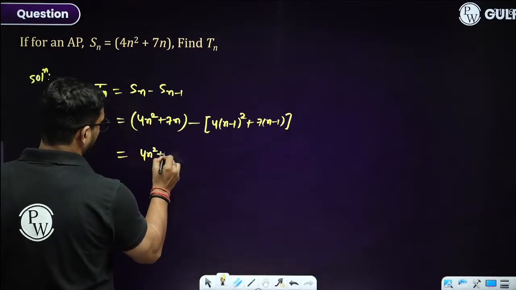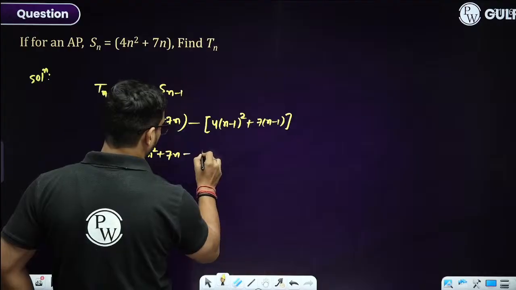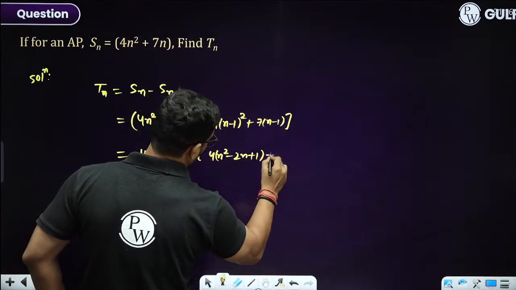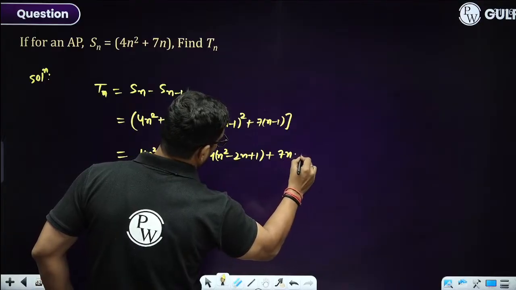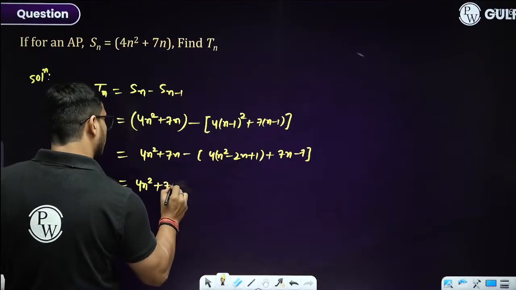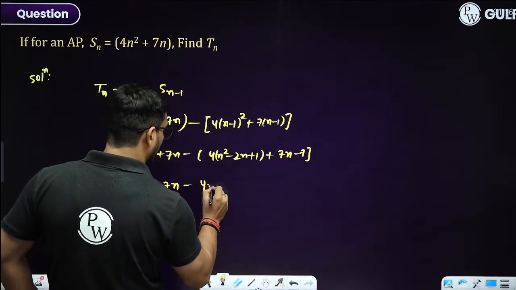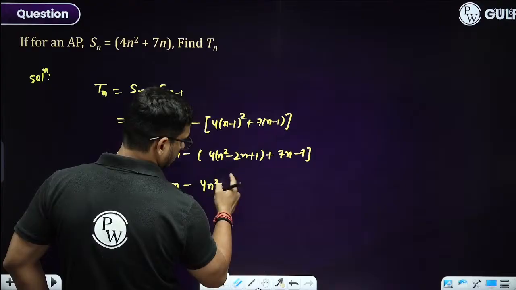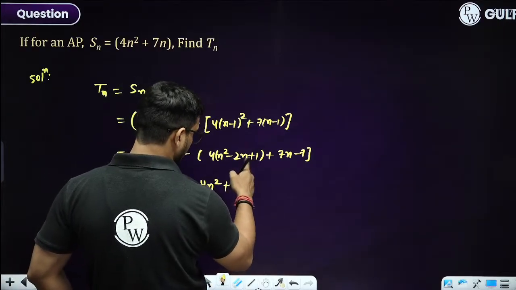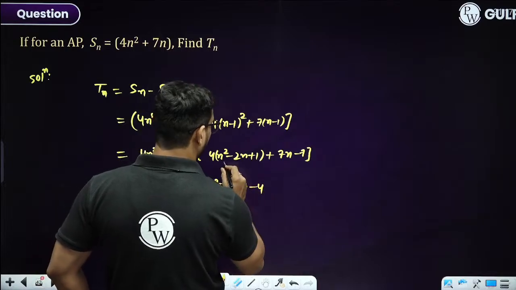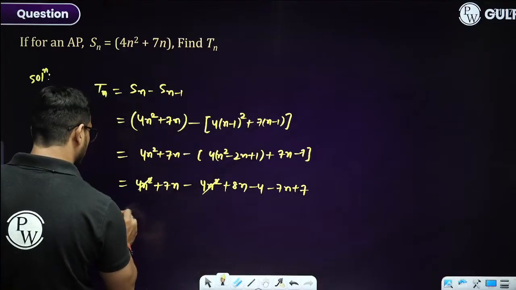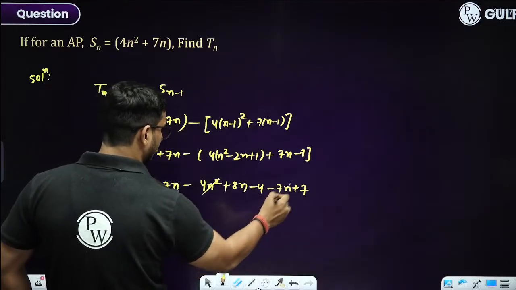4n square plus 7n minus 4 times n square minus 2n plus 1, plus 7n minus 7. This means 4n square plus 7n minus 4n square plus 8n minus 4, minus 7n plus 7. 4n square is gone, 8n minus 7n, 7n is also gone.